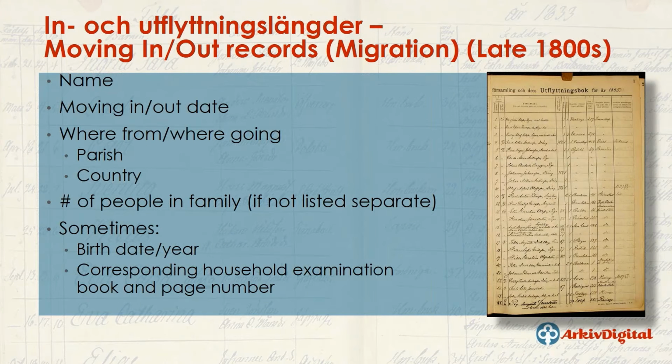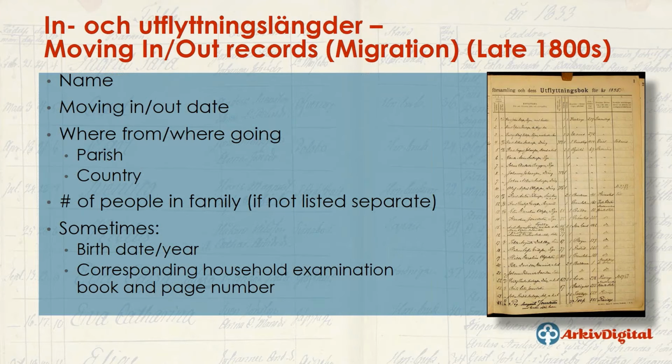The moving in and out records are great because they provide the moving in and out date. They provide exactly where they were from or where they were going. They would provide the parish and the country, which is very helpful to point you in the next direction so you can follow these people, like I said, from birth till either death or from when they moved out of the country.